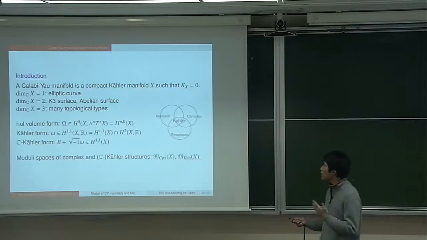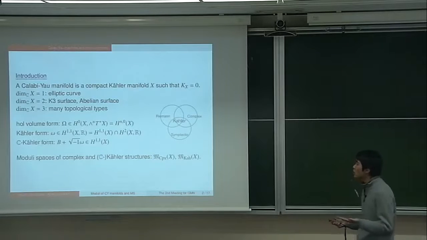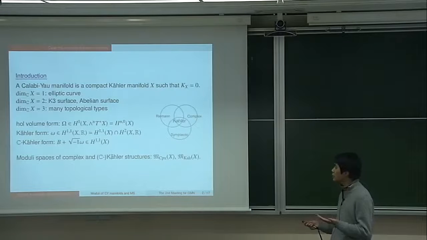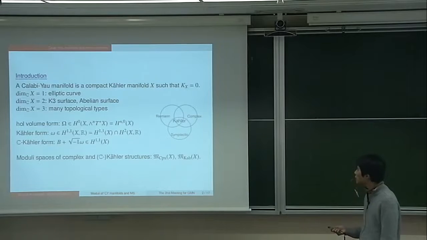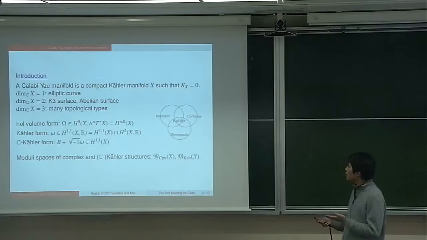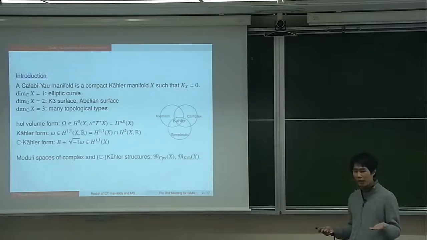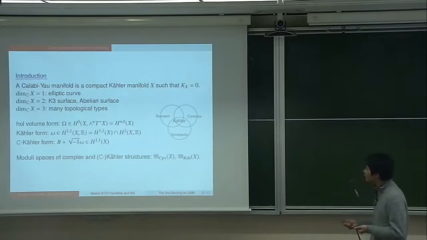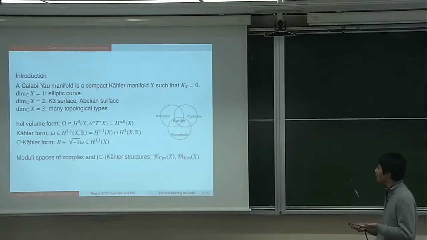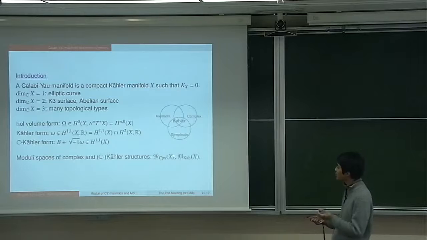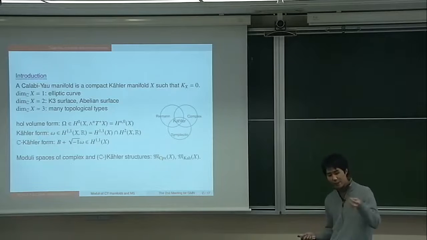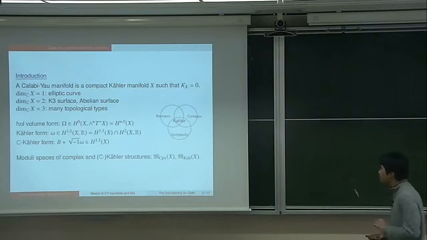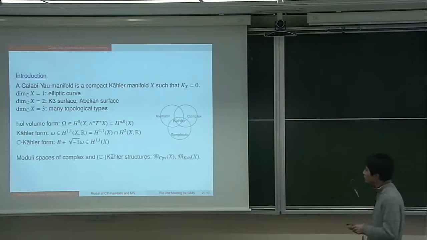One is the moduli space of complex structure. The other is the moduli space of Kähler structure. This is a little bit of an abuse of language because in fact, I talk about the moduli of a symplectic structure. But in our field, we call it the moduli of Kähler structure. So when I say moduli of Kähler structure, I fix a complex structure and vary the symplectic structure. Okay. So there are 2 moduli spaces.